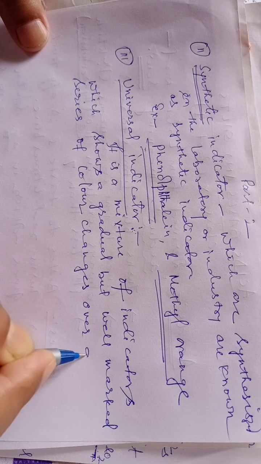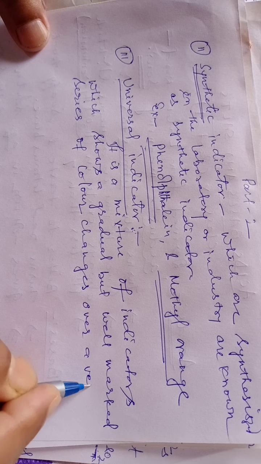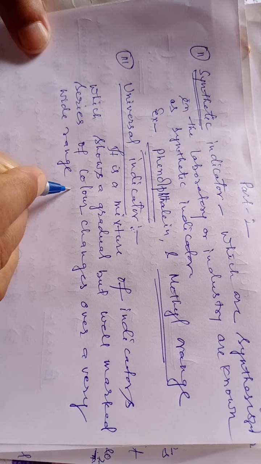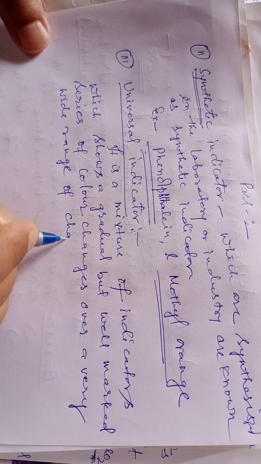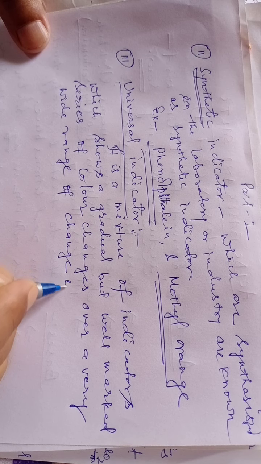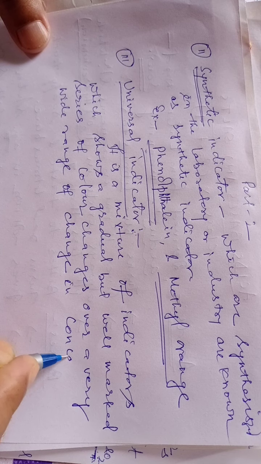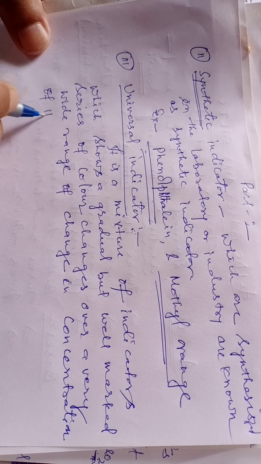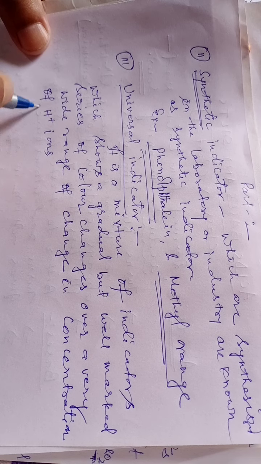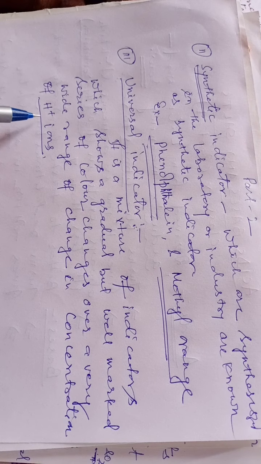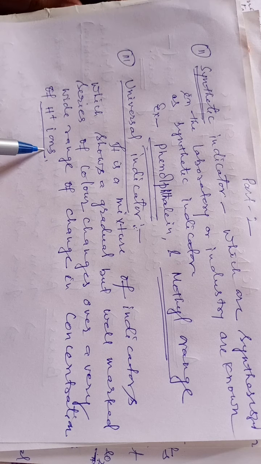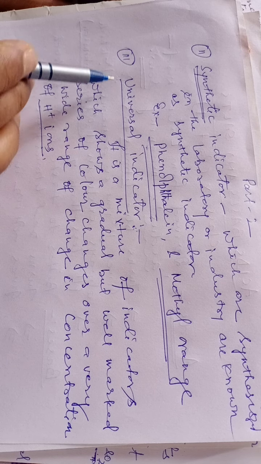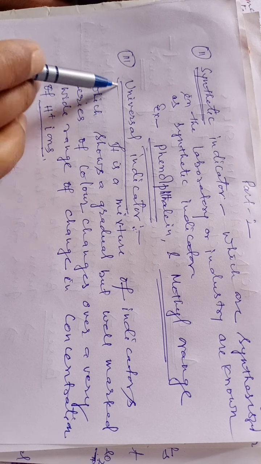over a very wide range of change in concentration of hydrogen ion. So, on the basis of the concentration of hydrogen ion, the gradual changes in color are shown by using the universal indicator.